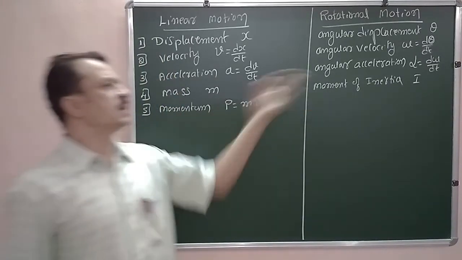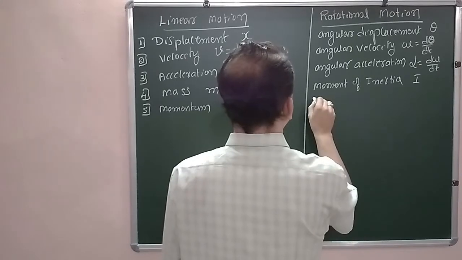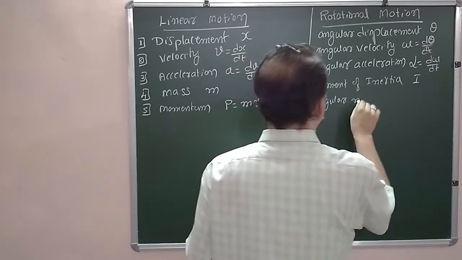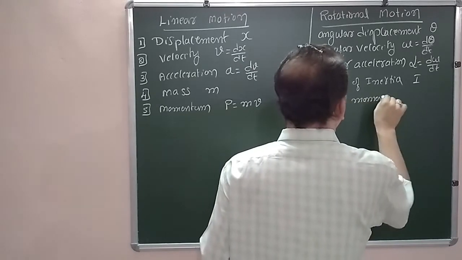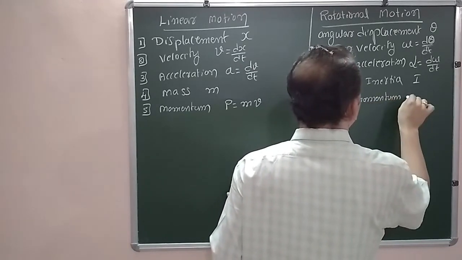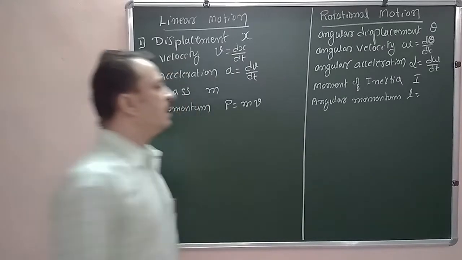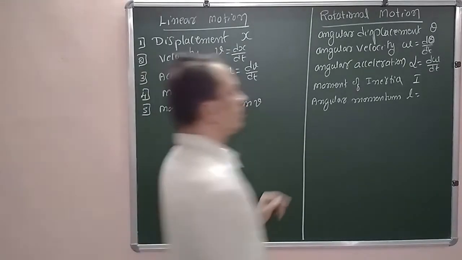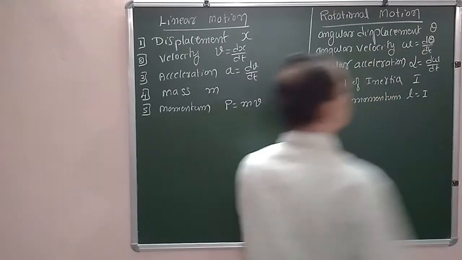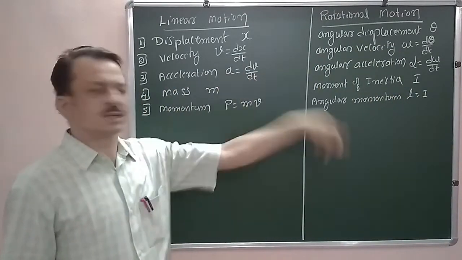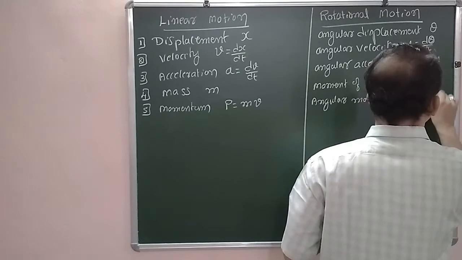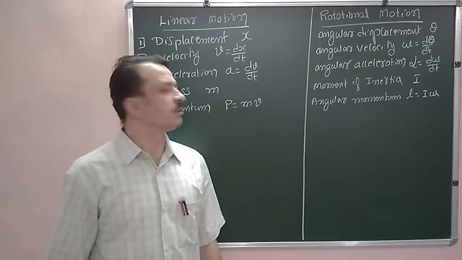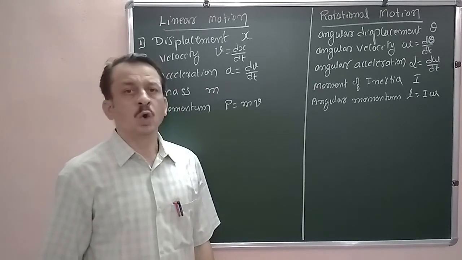In the same manner, in rotational motion, we have angular momentum, denoted by the letter L. L is equal to, for mass we have moment of inertia I, and for linear velocity we have angular velocity. Therefore, angular momentum is given by I omega.